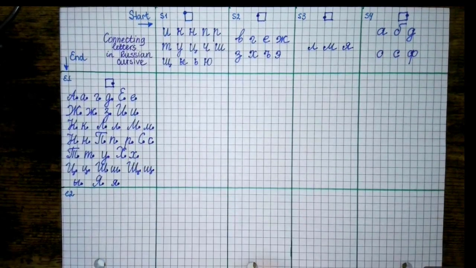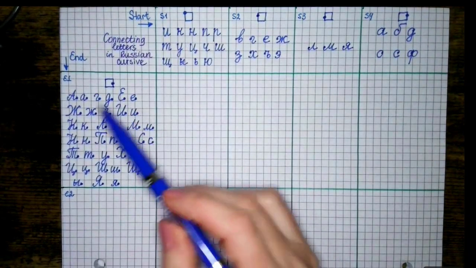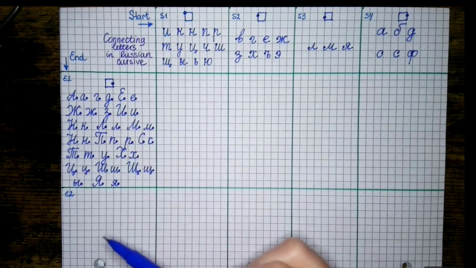So as you can see, it's quite a big group. And basically whatever is not here is going to be in this group.